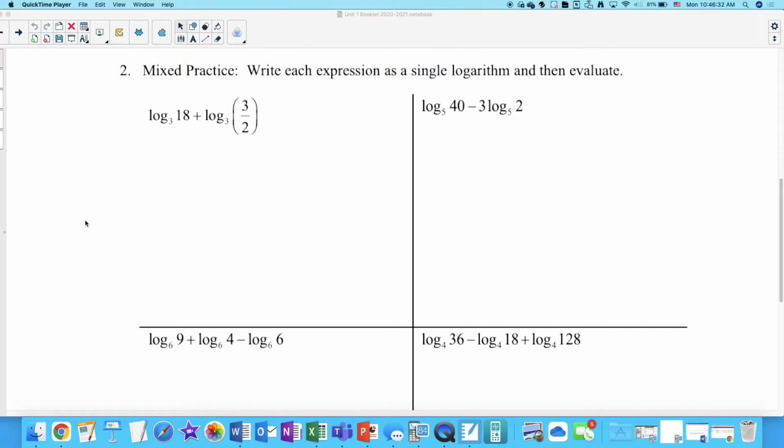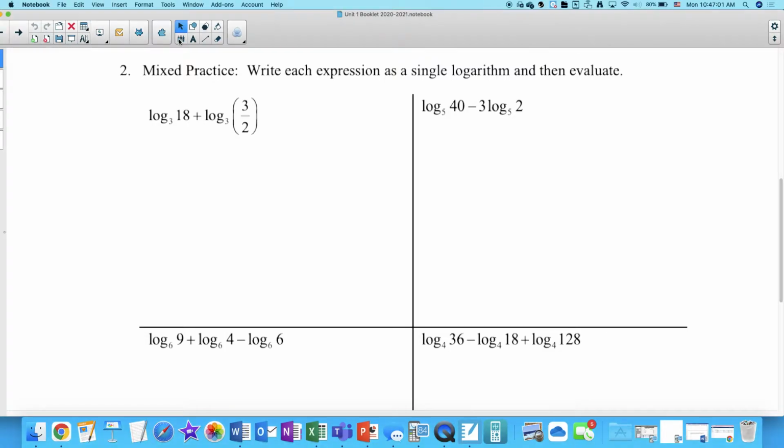Looking at these two, I don't see any number there. It's just log base 3 of 18 plus log base 3 of 3 over 2. But if I move on to the next one, I've got log base 5 of 40 minus 3 times log base 5 of 2. So when I see that 3 in front of a logarithm, that has to be dealt with first before I do anything else.